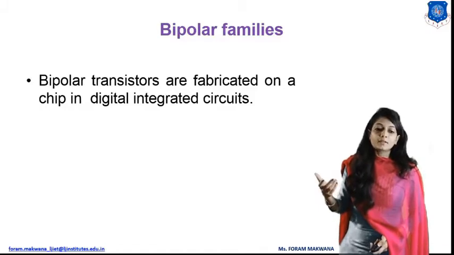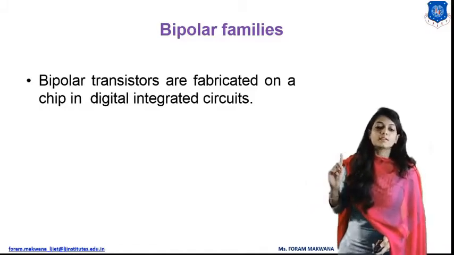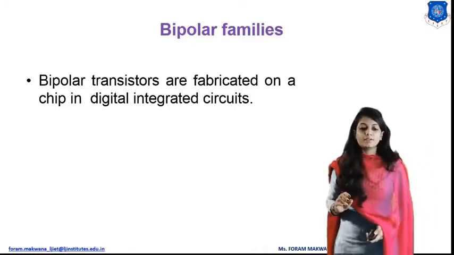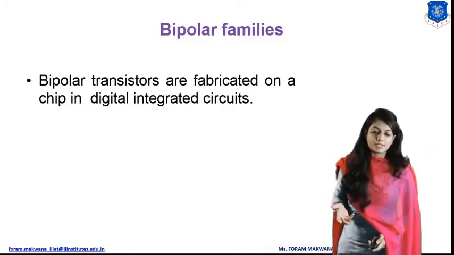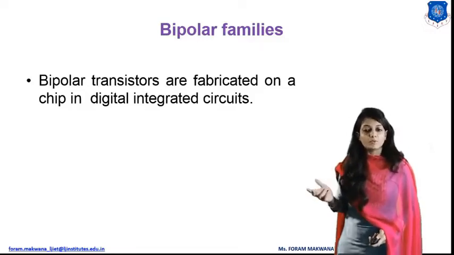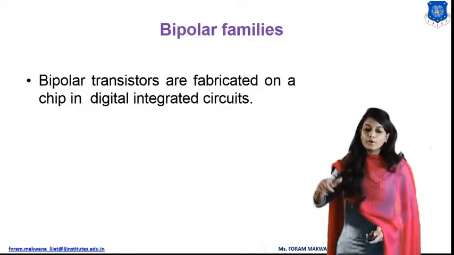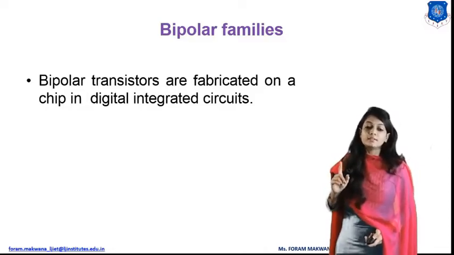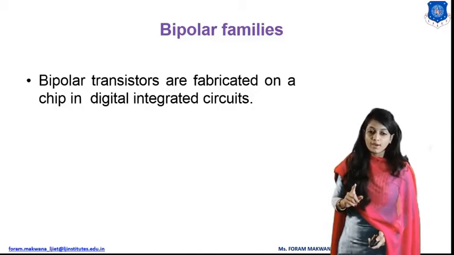Alright. It can be a number of transistors in a single chip. We know that a transistor has many applications, like it can be used as an amplifier and as a switch. So over here in digital electronics we are going to use the transistor as a switch. Why?